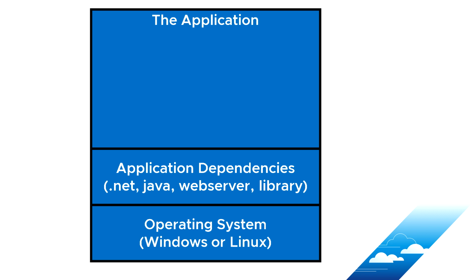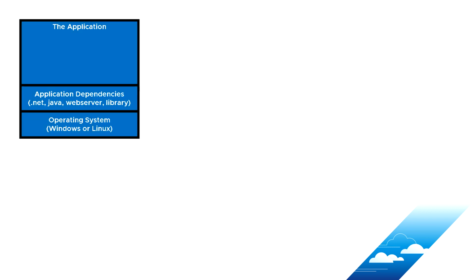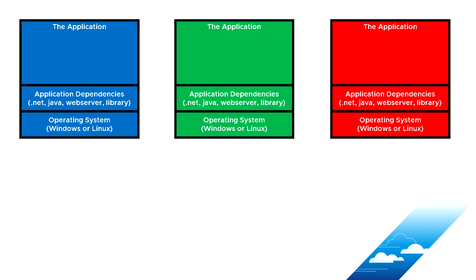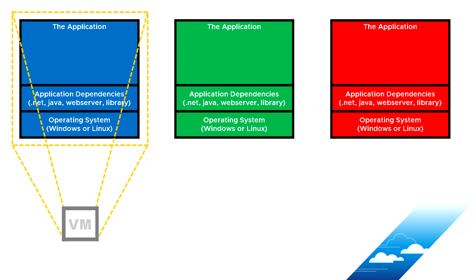So if I was to take an application like that and I was to build 3 different ones of them, so I've now got 3 different applications. What I could do if I wanted to was to take all of that stack, that operating system, dependencies and application, and I could squash that all down into a VM or virtual machine, and that's how I could run virtual machines on top of a hypervisor, and each of those virtual machines would contain the application, any application dependencies and an operating system.